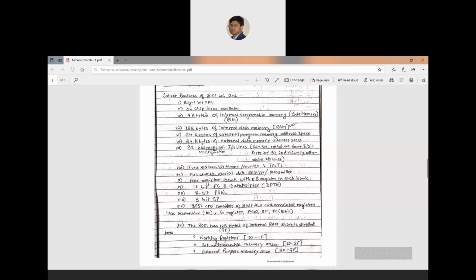That means 2 to the power 16 is nothing but 64 kilobytes, whatever the size of the RAM or ROM structure.